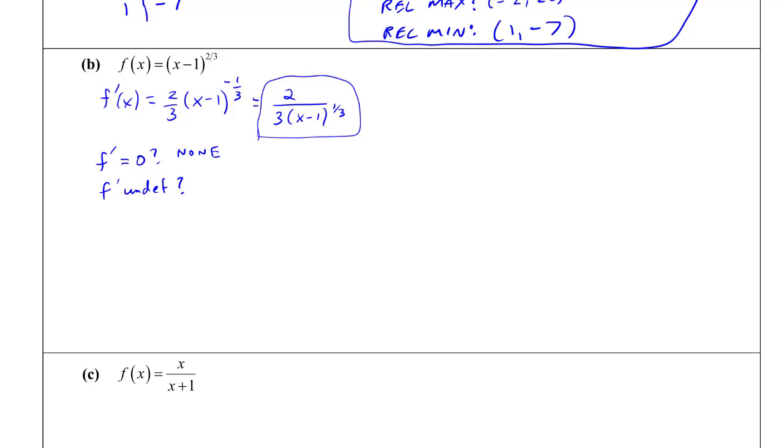Now, is there any place where f prime is undefined when the original function was defined? Yes, at x equals 1. That makes the denominator 0 in the derivative, but the original function was perfectly fine at 1. So that's a type where we get the critical number from the derivative being undefined.